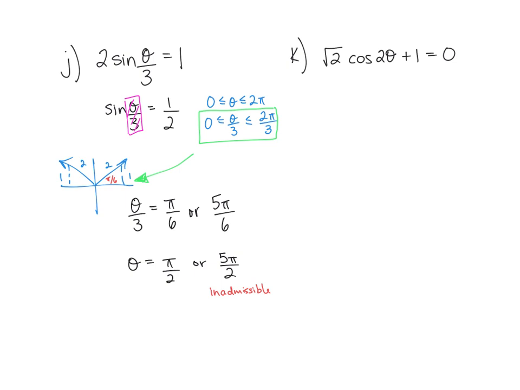Okay, so maybe you looked at it that way and you said, okay, I know I only need original unit circle values between 0 and 2 pi by 3. And I know that this 5 pi by 6 is not going to fit in between 0 and 2 pi by 3, so I do not need to include it.